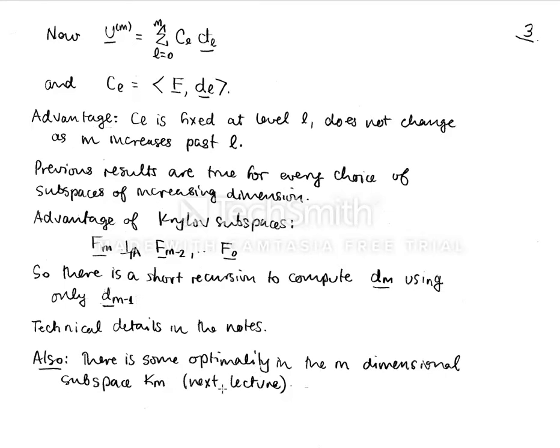But you'll see there's some optimality in the approximating subspaces that you use along the way. So typically conjugate gradient methods are not run for n iterations. You can get very accurate answers in far fewer for the kind of problems that we're looking at.